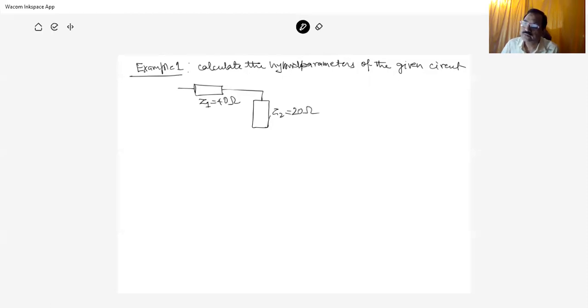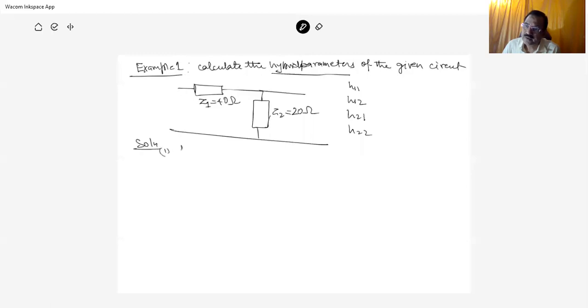So find out the hybrid parameters, that is H11, H12, H21, H22.